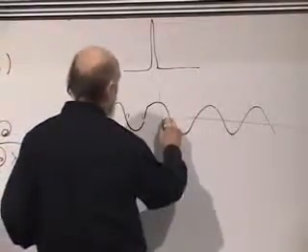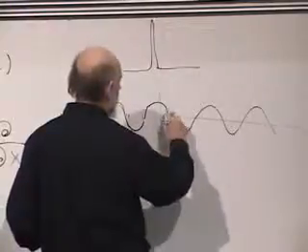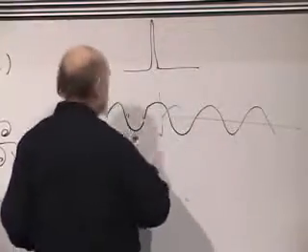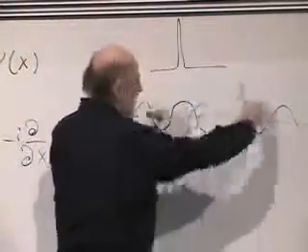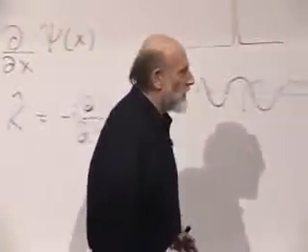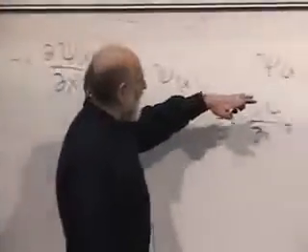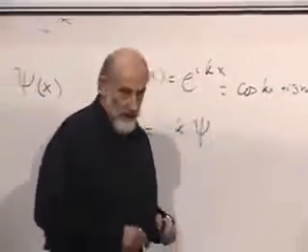But I can't draw that. It starts here and has the same wavelength, but it's 90 degrees out of phase. We know what sine and cosine look like. I'm not going to try to draw them. All right. These are the eigenfunctions, cosine kx plus i sine kx.